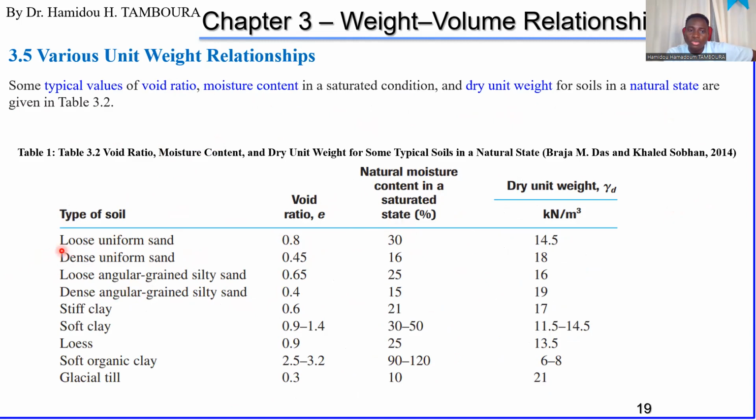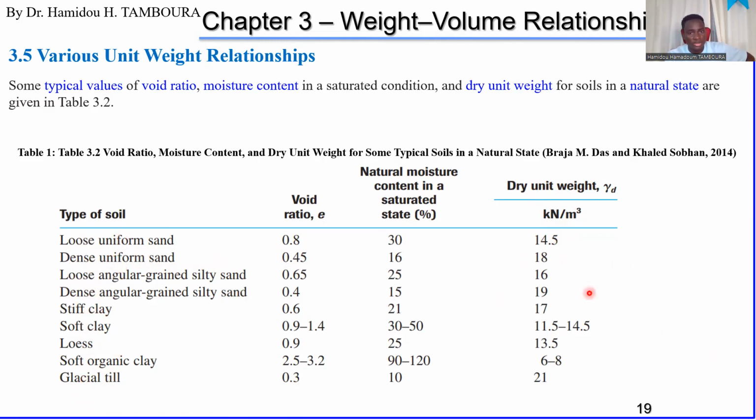If you have loose uniform sand, the void ratio is likely to be 0.8, and the water content is likely to be 30%. In the natural state, the dry unit weight is like 14.5, about that. It's not always that, and so on. Dense and so on, you can see there are a lot of types of soils here. Just check by yourself.